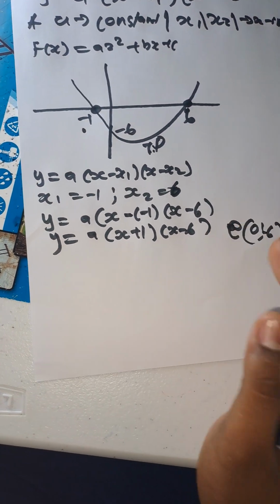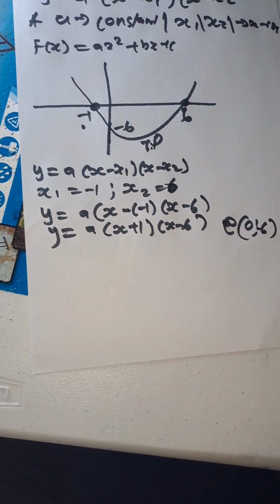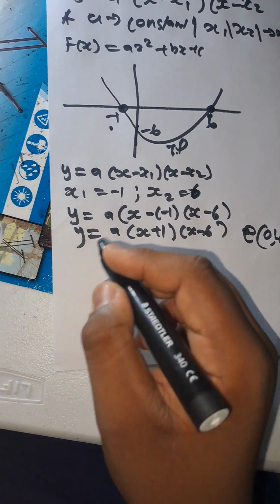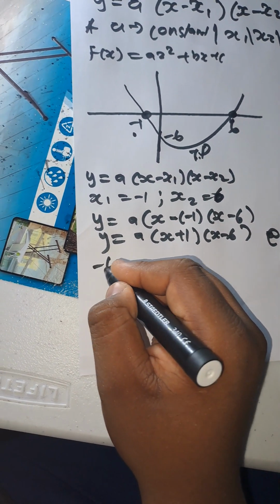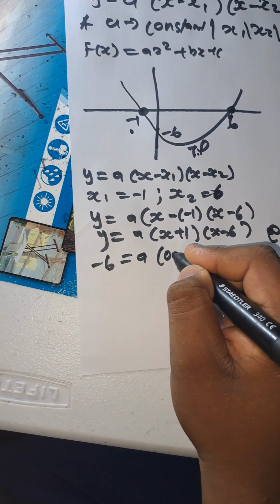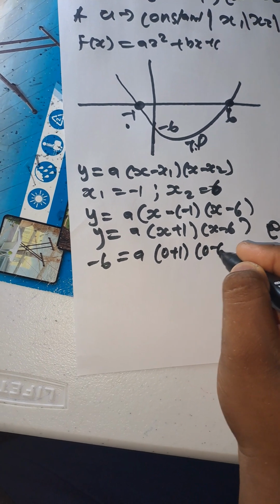So where there is x, you put 0. Where there is y, you put −6. So −6 = a(0 + 1)(0 − 6).